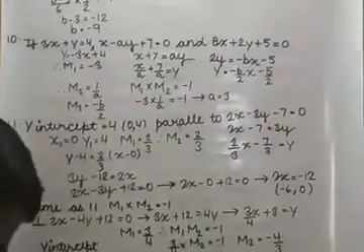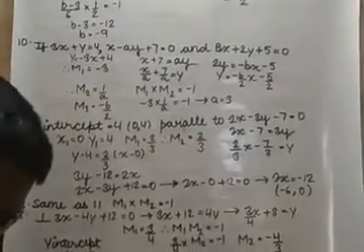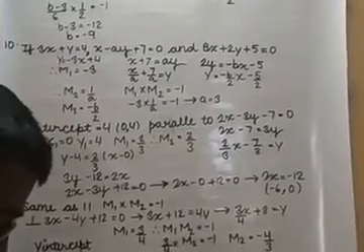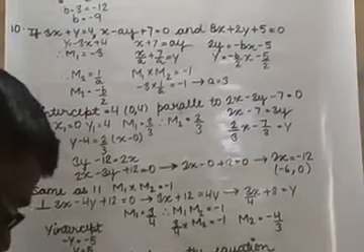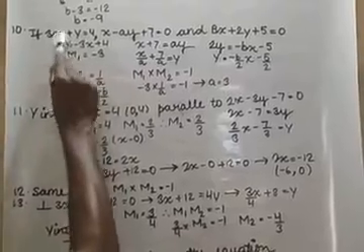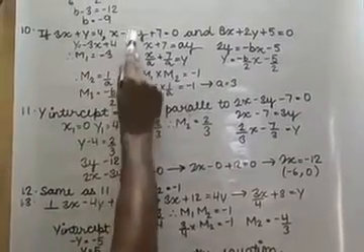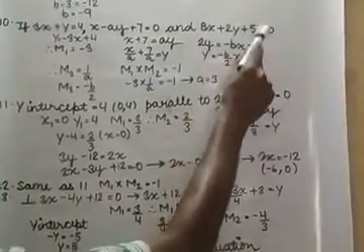In question number 10, the lines 3x + y = 4, x - ay + 7 = 0, and bx + 2y + 5 = 0 form three consecutive sides of a rectangle. Find the values of a and b. So I have taken the three equations: 3x + y = 4, x - ay = 7, and bx + 2y + 5 = 0.